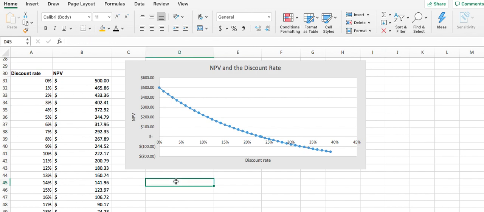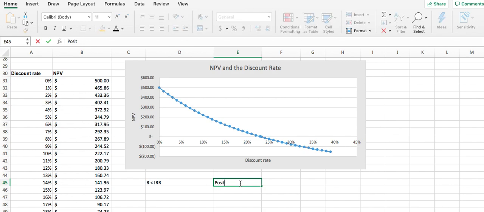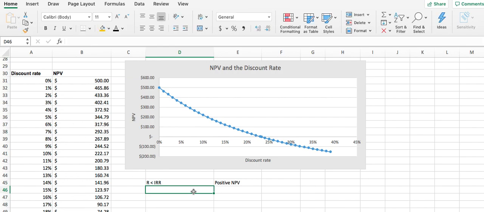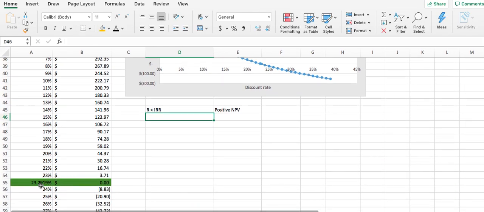So, if the rate that we are given is less than the internal rate of return, we would have a positive NPV. So remember, the internal rate of return at 23% was $0.